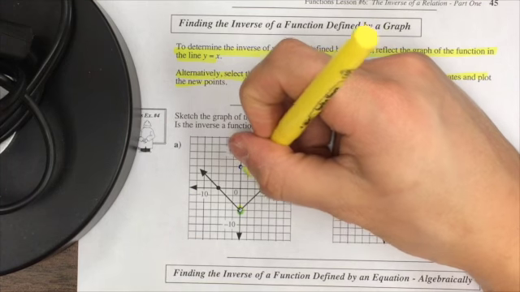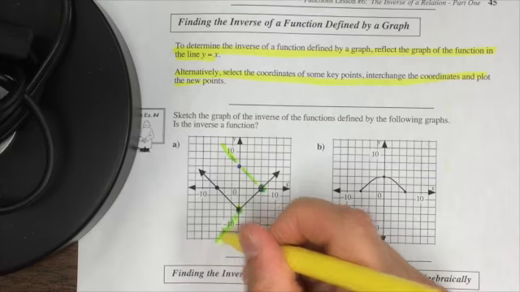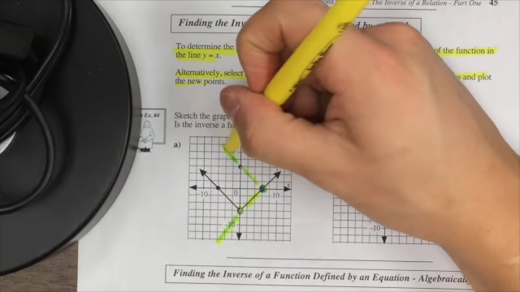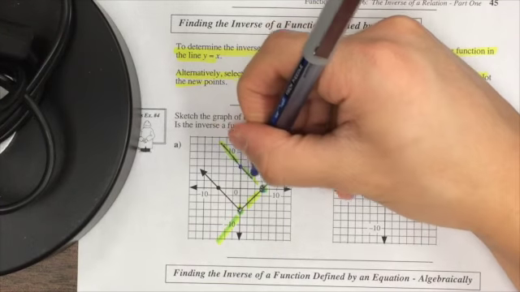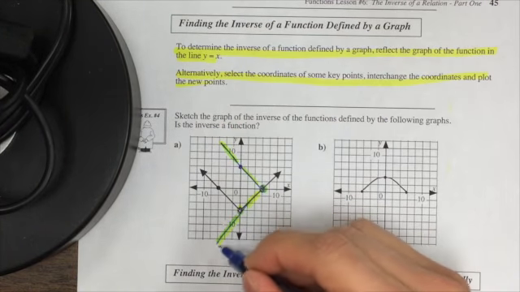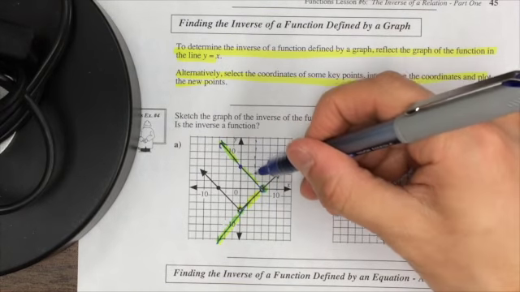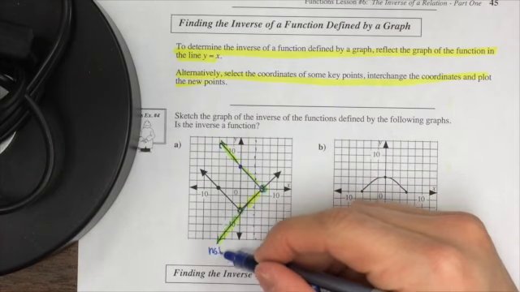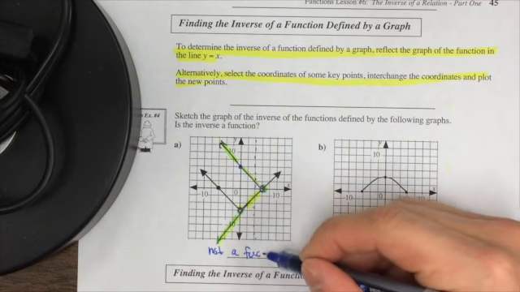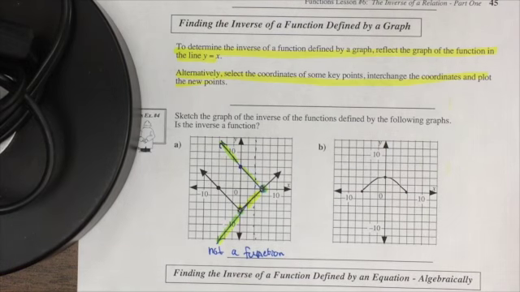It's going to go something like this, and something like that. And let's see if it is a function. Well, it does not pass my vertical line test, so not a function.